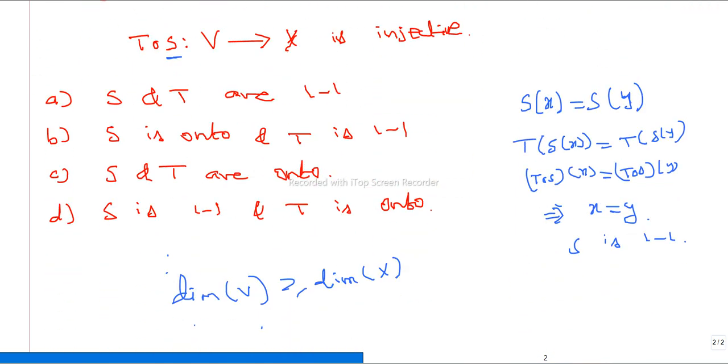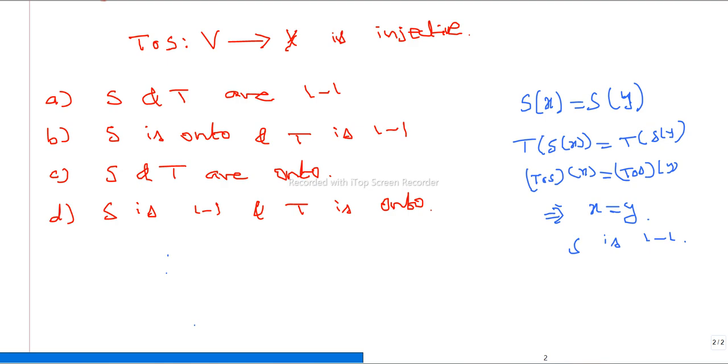Therefore it's actually onto. It becomes onto since both have equal dimension. And it's 1-1. Sorry, the T composition S maybe is onto. It will be bijective, because the dimensions are the same, and if it's onto, then it will be bijective.